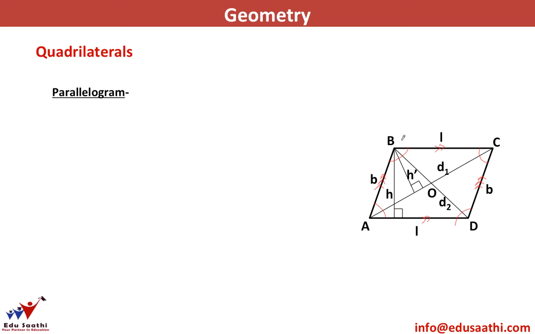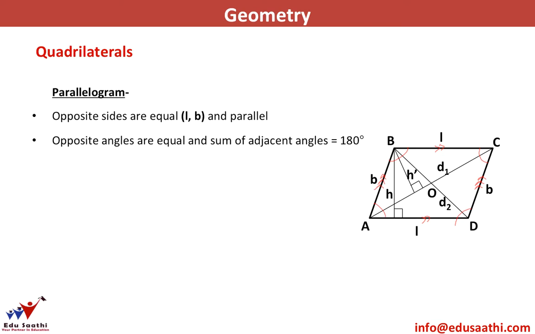In case of parallelogram, the only thing that I need to keep in mind is opposite sides are congruent and opposite angles are equal. So opposite sides are parallel, opposite angles are equal, and the sum of adjacent angles is equal to 180 degrees. So if I talk about this angle BAD and angle ABC, the sum of these two angles would be equal to 180 degree.